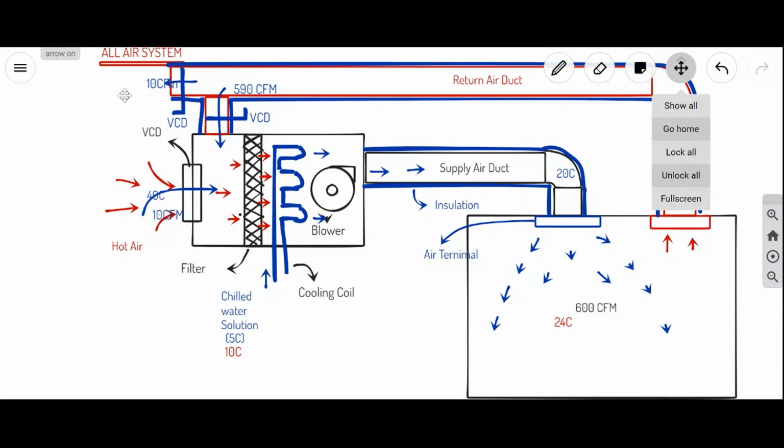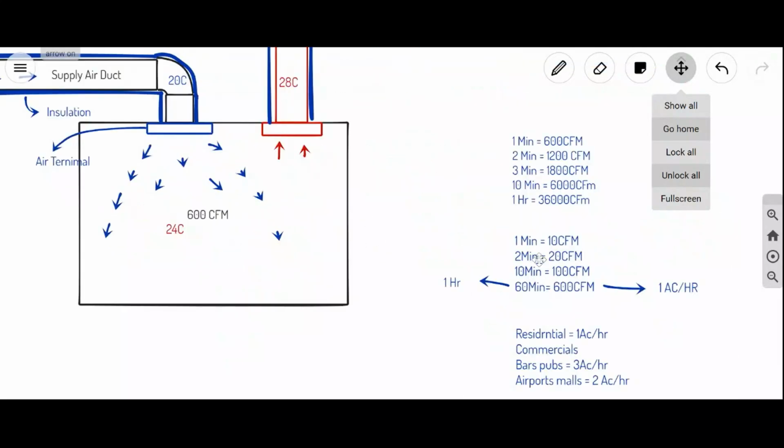We are exhausting 10 CFM and we are adding 10 CFM. So first minute I have added 10 CFM, second minute I have added 20 CFM. That means 10 plus 10. Second minute also 10 add कर रहा हूँ, but fresh air will become 20. 10 minutes में 100 CFM, and in 60 minutes it will be 600 CFM, right?